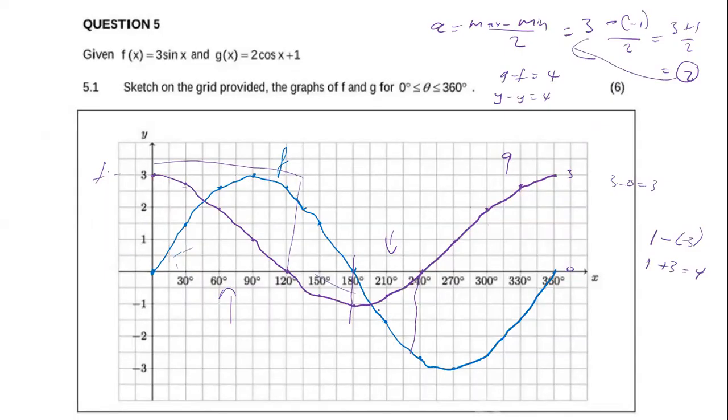And then another interval, where is it? It's where they are both negative. So we can see that f is negative here. G is also negative. And we know that negative multiplied by negative, we get something which is positive. So that means it's between 180 and 240. And we're going to include those solutions because at some point it's going to give us 0. It's between 240 and 180.